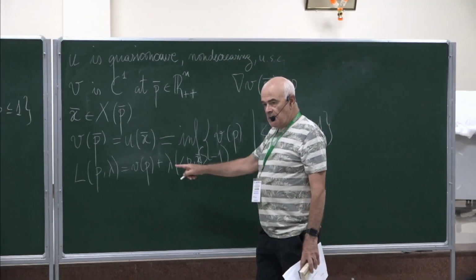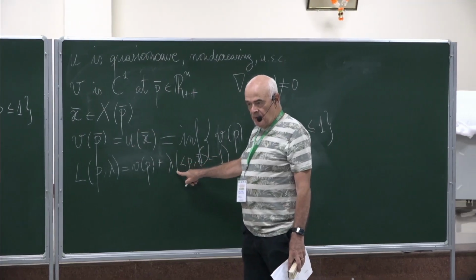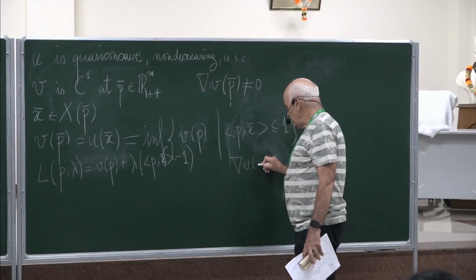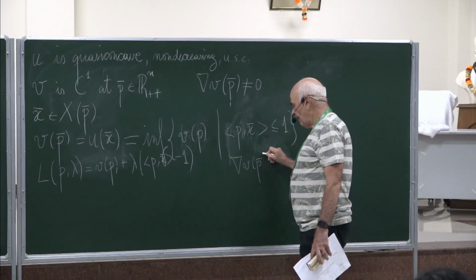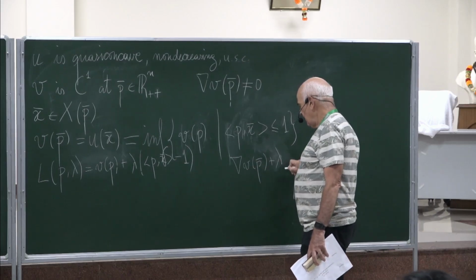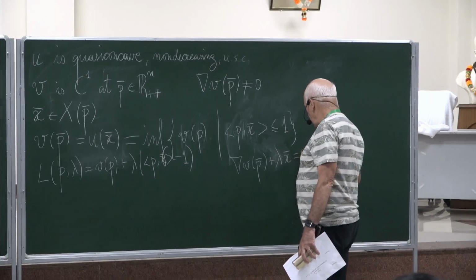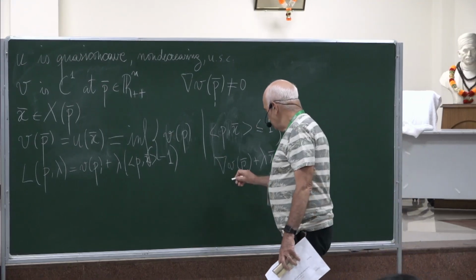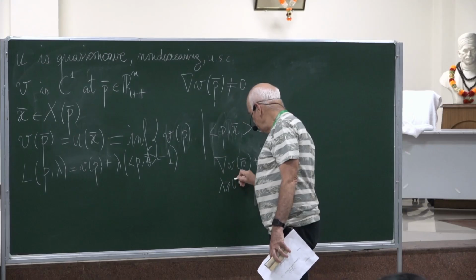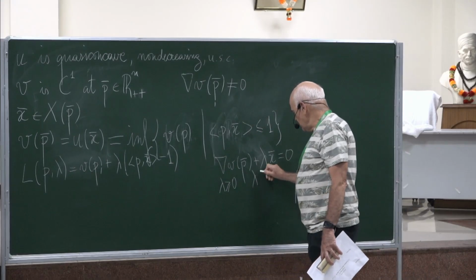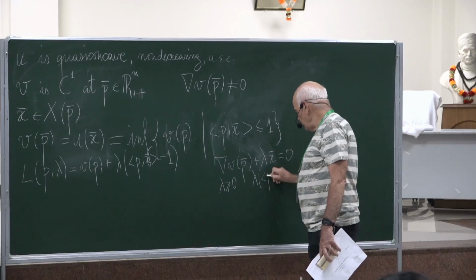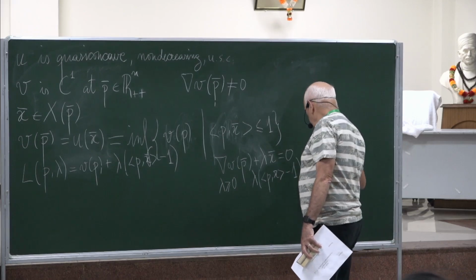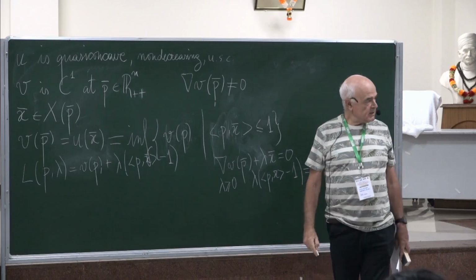So at the optimal solution, which is P bar, we have the gradient of the Lagrangian with respect to P equal to 0. The multiplier is non-negative. And the complementarity condition is satisfied.